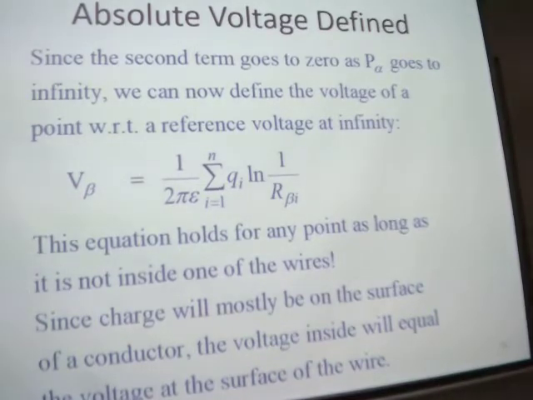VAB, for these 2 points, 5 volt and 3 volt, VA and VB, so VAB equals VA minus VB, this distance. Yeah, exactly.